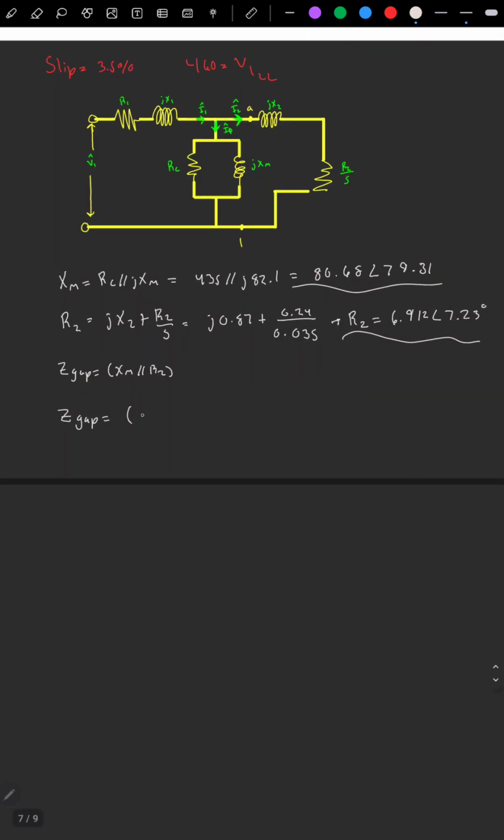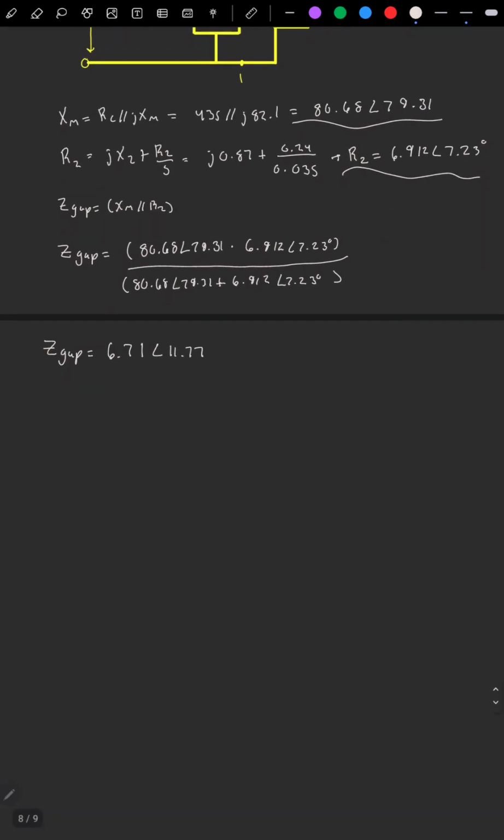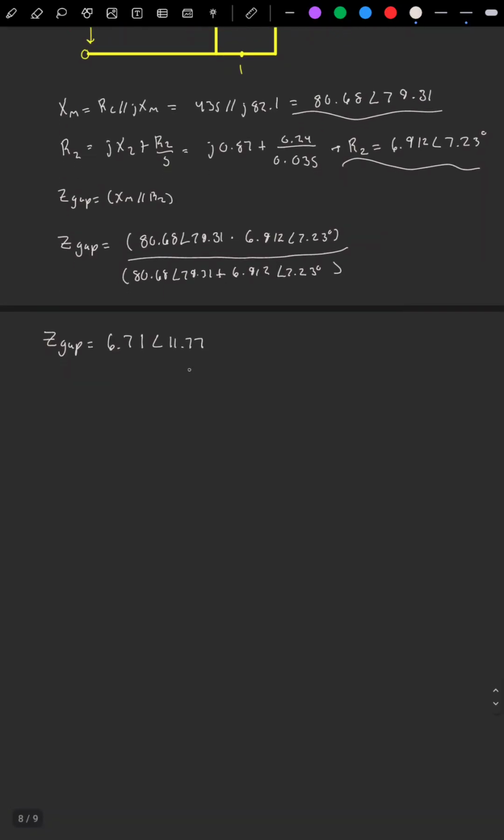It's going to equal... over... So our Z gap is going to equal, I did the calculation on my calculator, 7.1 phase 11.77, or sorry, 6.71 phase 11.77 degrees.